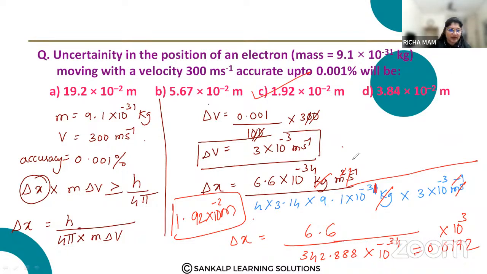The rest of the things we have seen, quantum numbers and all. By this we have completed the chapter Structure of Atom. In the next class we are going to start with a new chapter. This particular chapter is very important.